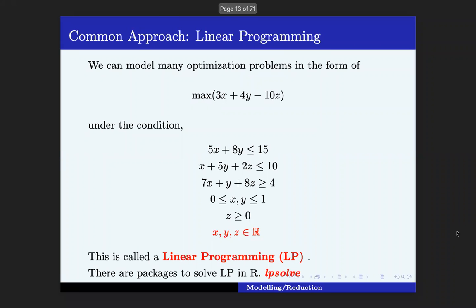And there are some very nice packages in any programming language that you can think of. For example, R is a language package that deals with statistical work, and it has a package called lpSolve. Every possible language has a very nice package to solve linear programs.